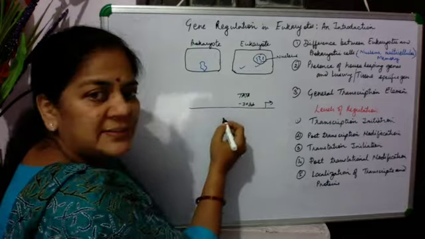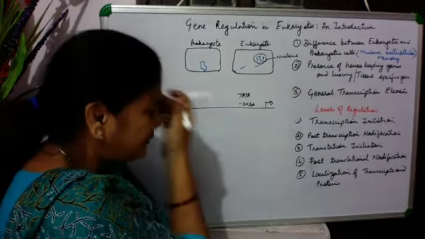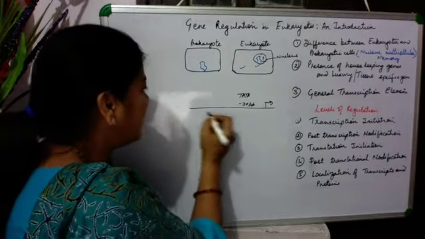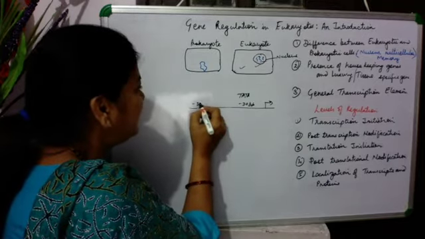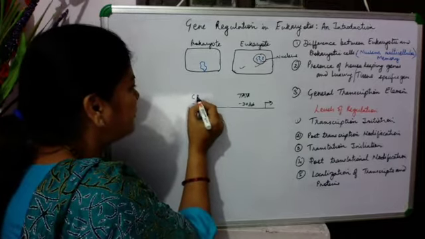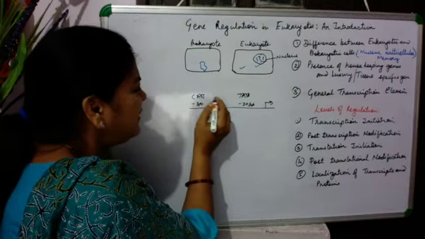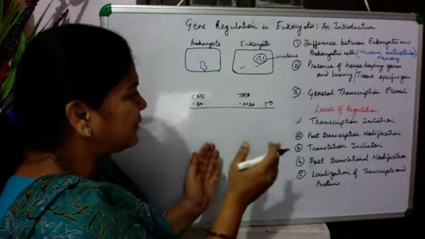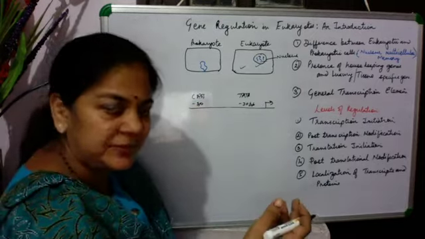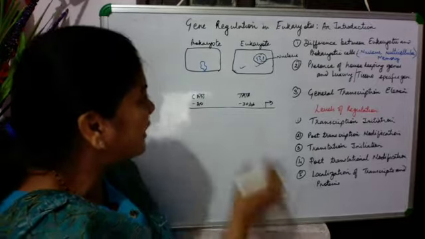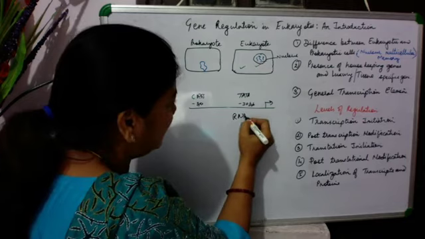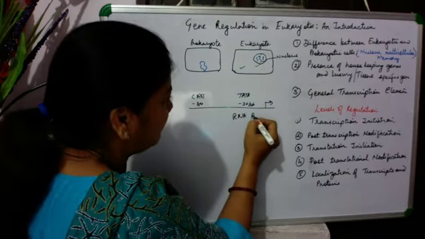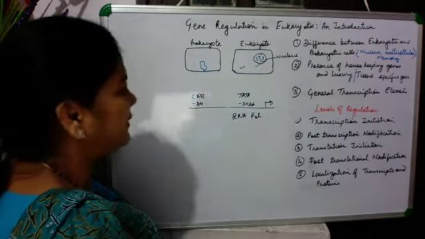This is a consensus sequence which is conserved in all organisms and all genes, and at around -80 base pair there is a CAT box. So these are a few basic promoter elements which regulate gene expression. It's at this TATA box that RNA polymerase will come and bind and sit.